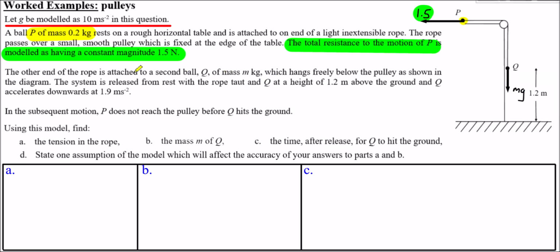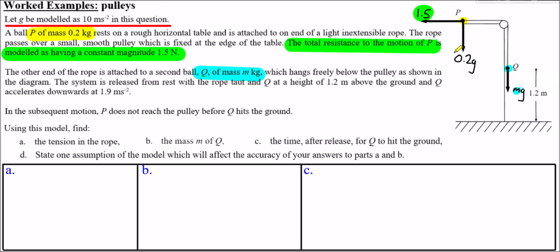So again, this may as well be labelled on, so Q has weight mg. And just for the sake of completion, we may as well do the same for P. We're told P's weight, oh sorry, I do apologise, I mean P's weight is 0.2g. So I'm going to label on here that's 0.2g as well.